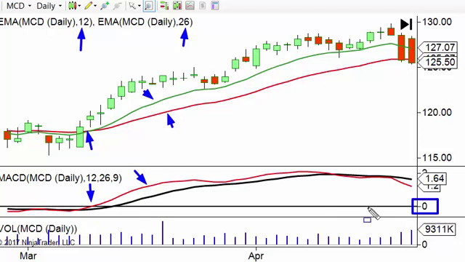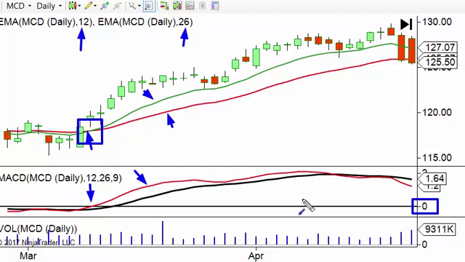So that's the first thing, that's what the zero line means: there's zero difference between these two moving averages. So as long as there is space between those two moving averages, in this case with the 12 EMA above the 26 EMA, then the MACD line, my red line, will be above zero.